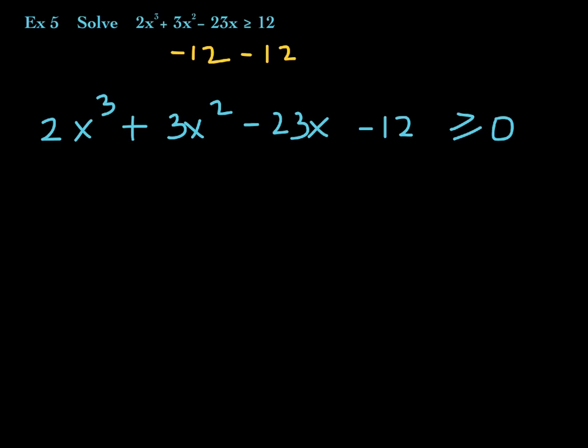Now let's make sure we understand that this inequality is asking when the graph of this polynomial is above the x-axis. Because it's non-strict, we will be putting brackets on the x-intercepts, meaning that we are including those x-intercepts in the solution set.